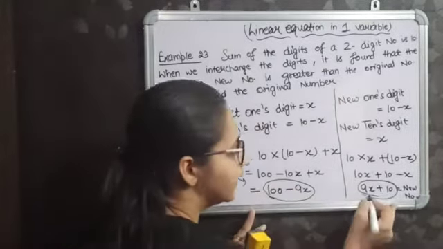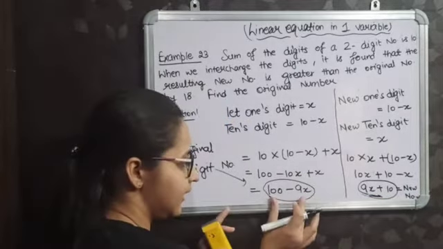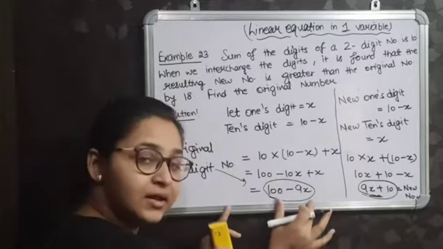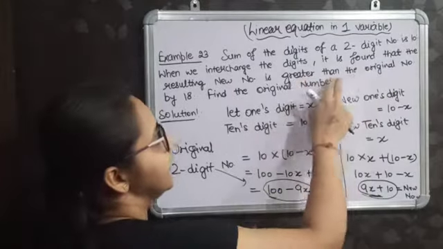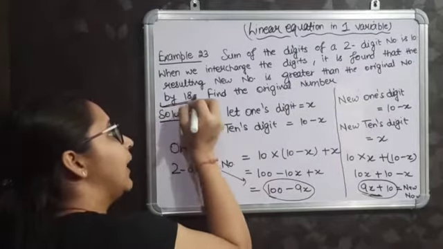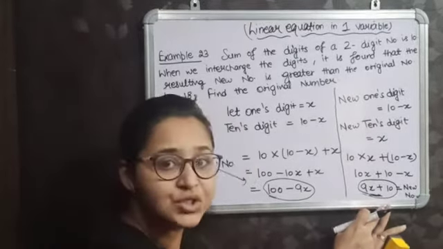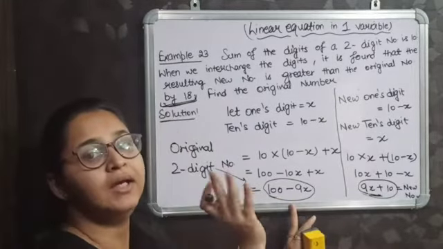It means this number 9x plus 10 is greater than 100 minus 9x. By how much is it greater? The number is greater than the original number by 18. By 18.